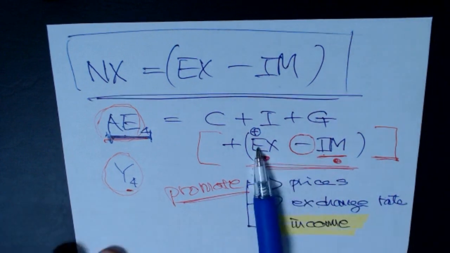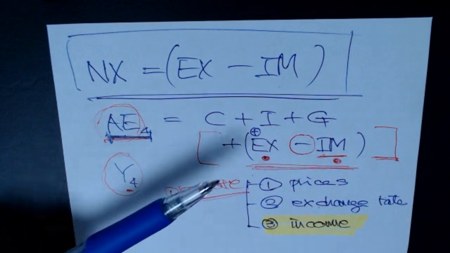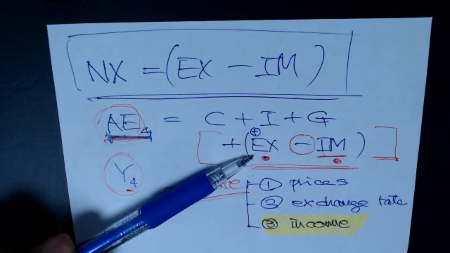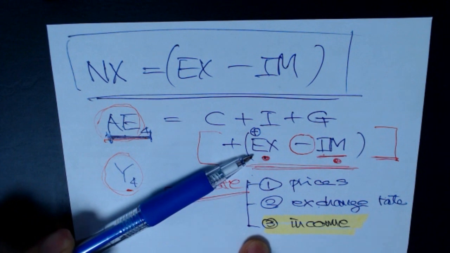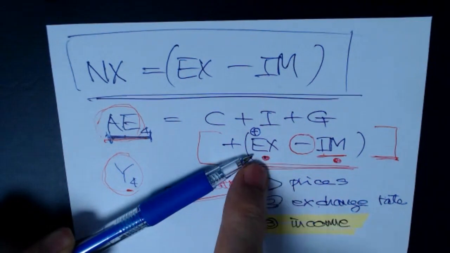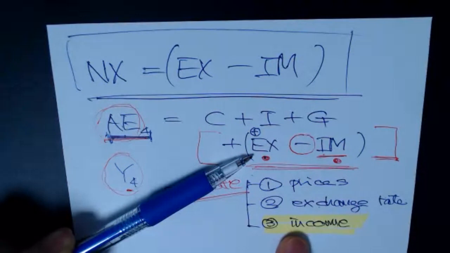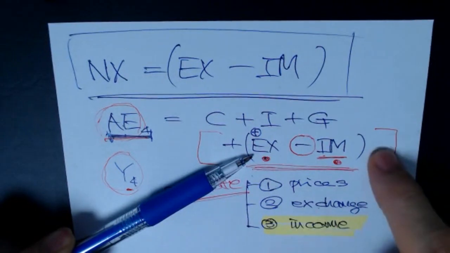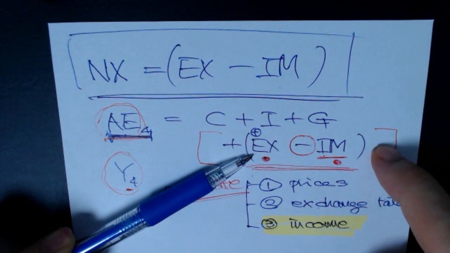Because when foreigners get richer, they will purchase more foreign goods, which means Vietnamese producers have a higher probability of selling their products. So foreign income is really important to increase the export of Vietnam. Also, the richer the Vietnamese, the more likely they are to purchase imported products.